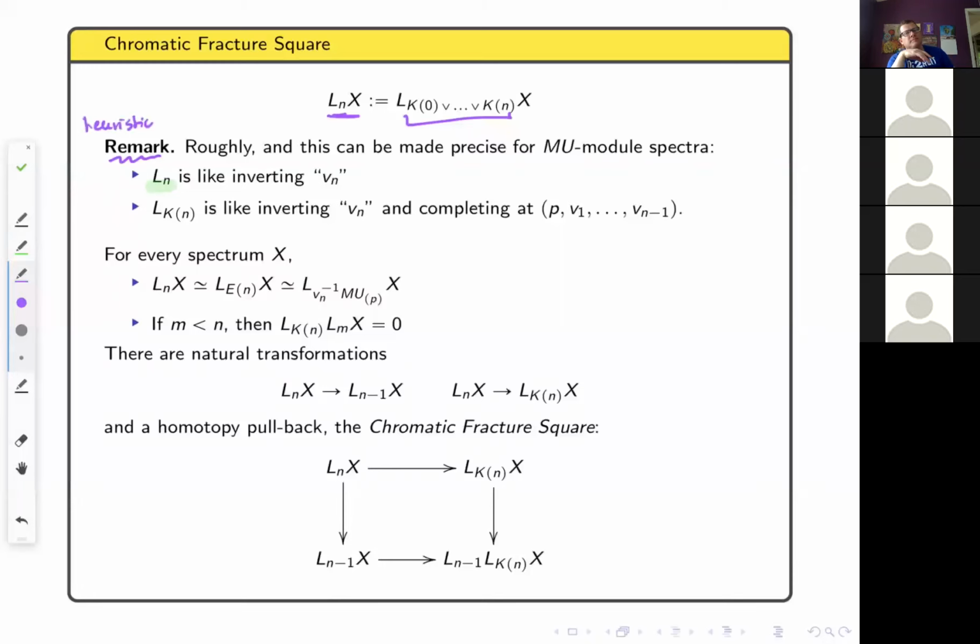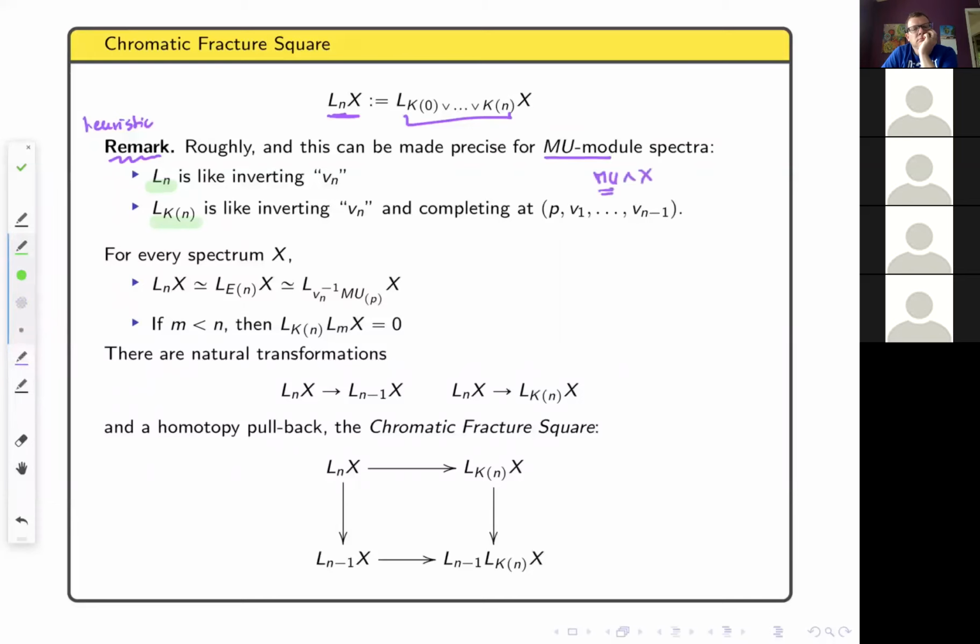We'll talk about that more later, like what the incarnations of vn are in this story, but it can be made precise if you have MU module spectra. For example, if you have a spectrum which is MU smash X, then vn and MU make sense, so you can talk about inverting vn. And that's what Ln does in that case.